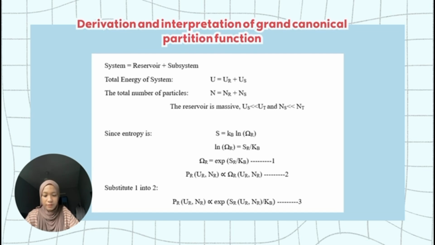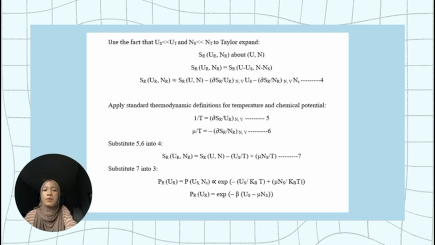Using the Boltzmann definition of entropy, we can express this multiplicity as an exponential function of entropy in equation 1, and then we substitute 1 into 2 to get equation 3. We use the fact that the energy and number of particles of the subsystem are very small compared to the total, so we use a Taylor expansion.